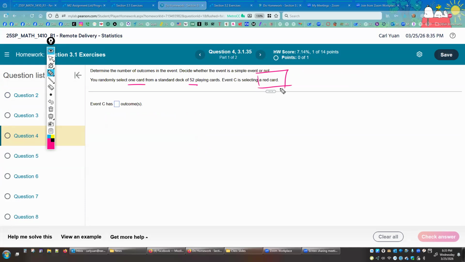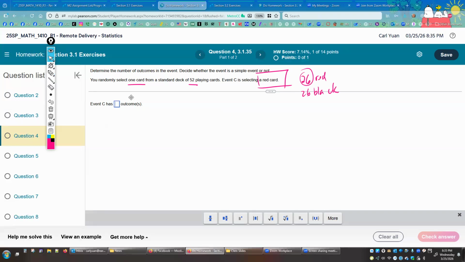Now, a red card can be any one of the 26 red cards, right? There are 26 red, 26 black. So event C has how many outcomes? 26. All right. Hope everybody understands that there are 26 red cards.